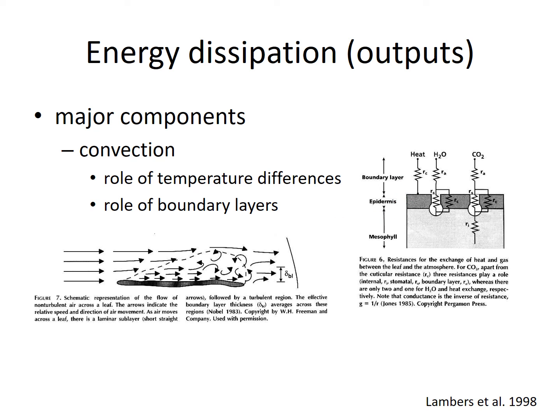As you recall, boundary layer resistance is determined by two physical properties: the size of the leaf. Bigger leaves have higher boundary layer resistance, and wind speed. The higher the wind speed, the lower the boundary layer resistance.